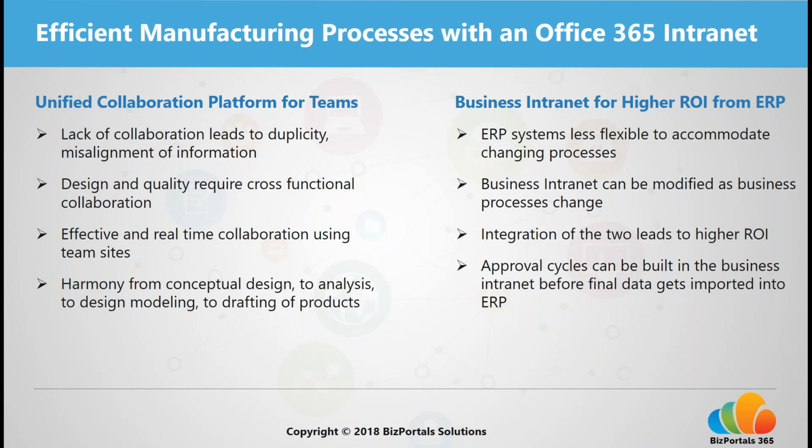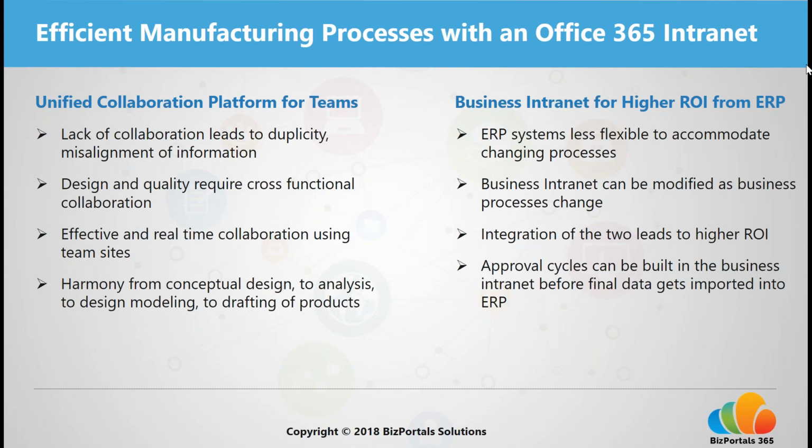And definitely, a business intranet really plays a big part in achieving more from ERP systems, because ERP systems are less flexible to accommodate any new or changing processes. You can easily build those processes in the intranet. You could also do a lot of change management, which you don't see in a lot of ERP systems, because those are just transactional systems.